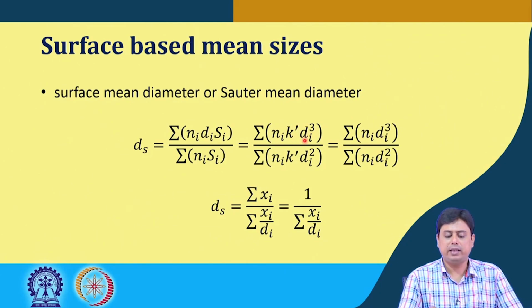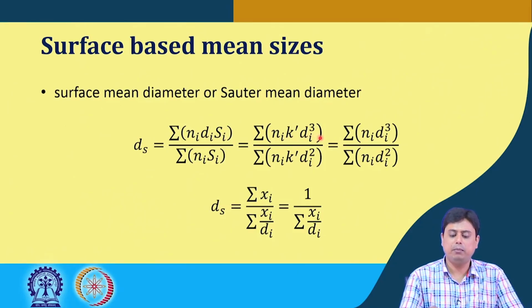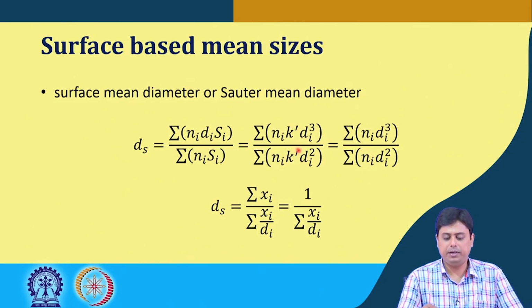We can have this expression, that s is related with k prime di square. So ni k prime di cube, and at the denominator similar expressions, but here it is di square. Since this is a constant term, it is eliminated from numerator as well as denominator. So we get this expression as the mean diameter, or the Sauter mean diameter, surface mean diameter.